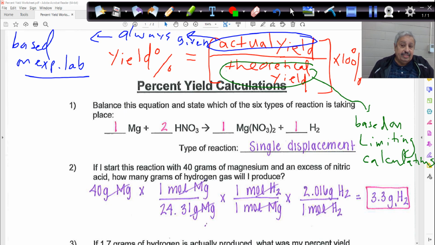The theoretical one, you have not done any experiment yet.